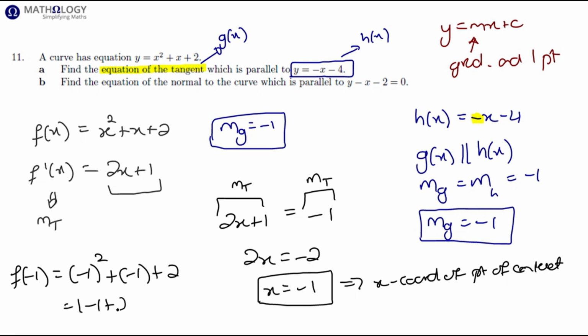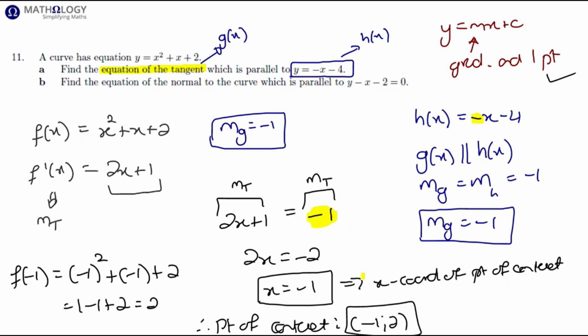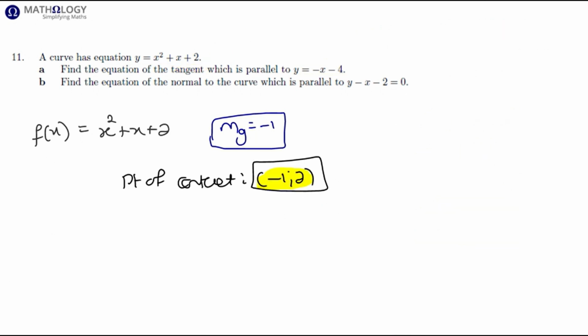That's 1 minus 1 plus 2, which equals 2. Therefore the point of contact is the point (-1, 2). We now have the point of contact, and we have the gradient of -1. So we can determine the equation of the tangent.